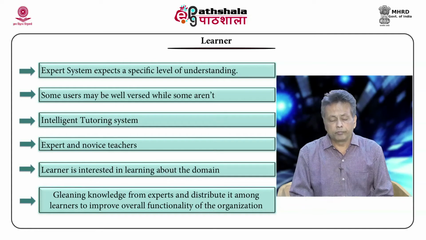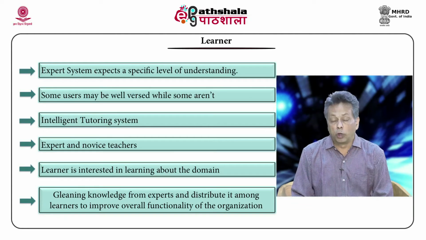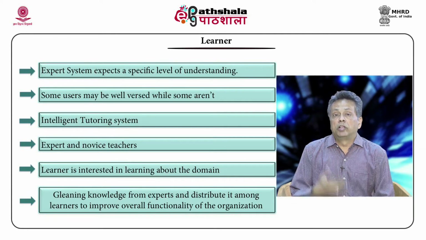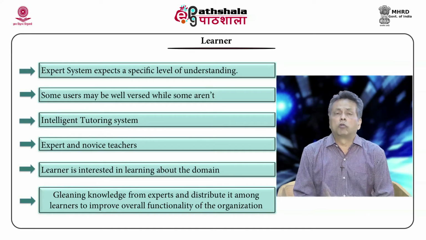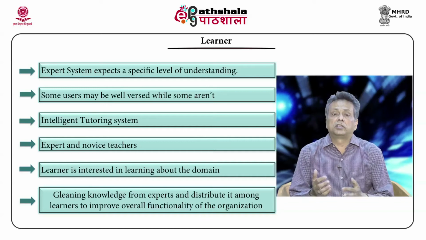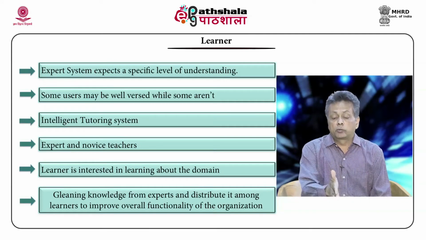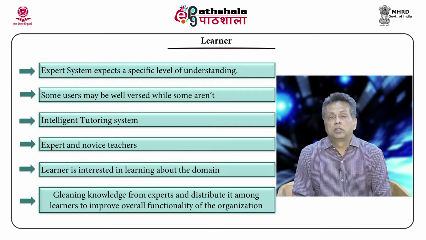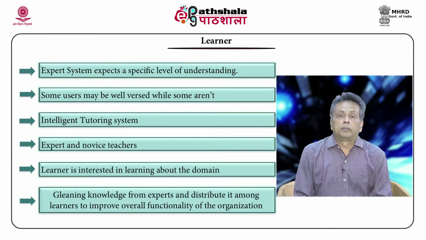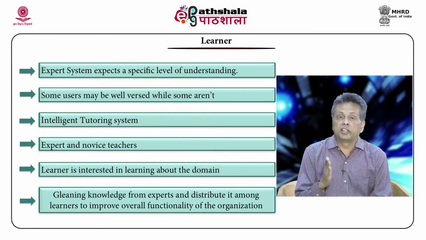In fact, let me tell you that there are some psychological issues as well. Whenever you are dealing with experts, at some point of time, as I have already told you, domain knowledge is the power of the expert. The expert might feel that he is revealing too much. If he gives out everything that he knows, he will no longer remain important, and in many cases this is a very critical point.